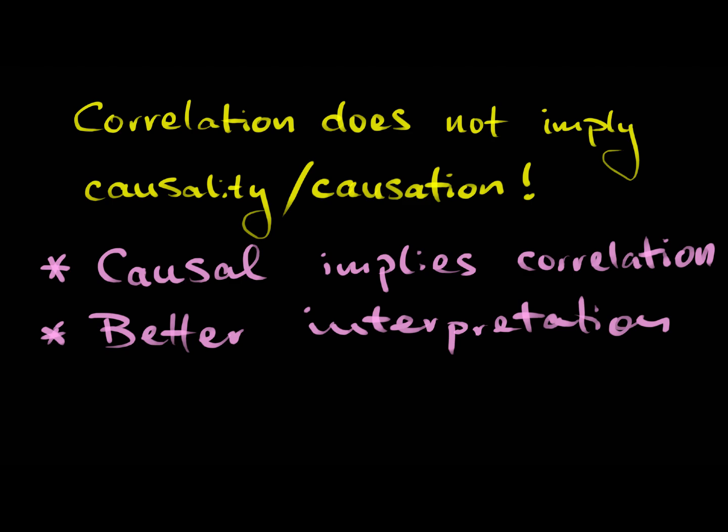This will give us better interpretations of what is happening in our data. So I'm going to try to expand your critical thinking skills beyond just being skeptical about research because correlation doesn't imply causality. Think about what else could be going on. We can typically say that there are just a handful of things that contribute to correlation aside from the causal effect.